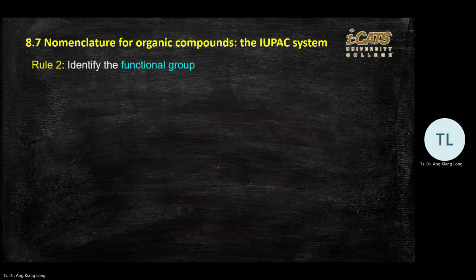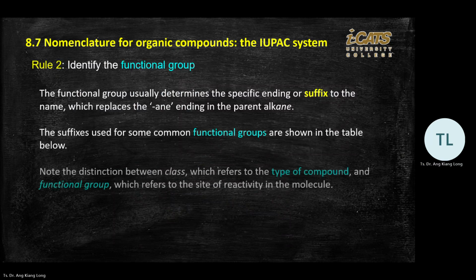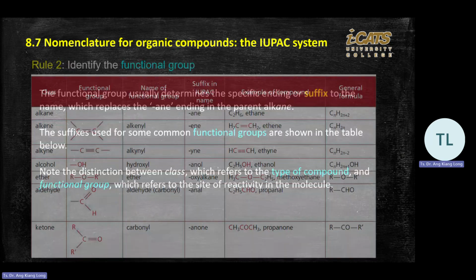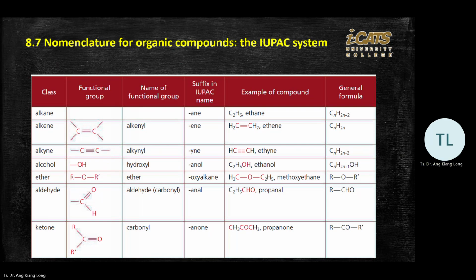Second, identify functional groups. Okay, what are the functional groups? You look at the functional group with another table, the second red table, with alkane and so on, ether, and so on. You draw the chemical structure, and then look at what it has.